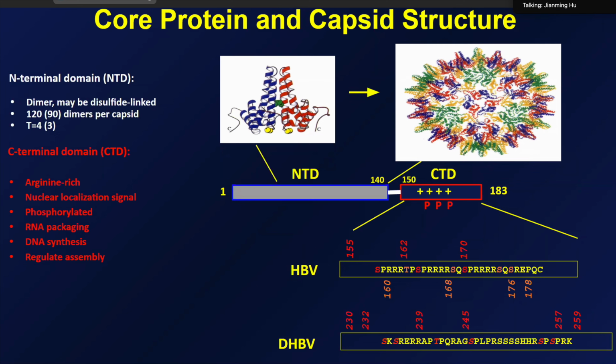The CDD is heavily and dynamically phosphorylated, meaning it's phosphorylated and also dephosphorylated. It's involved in many functions of the capsid protein, for example, RNA packaging, DNA synthesis, nuclear organization, and it's probably also involved in regulating assembly, although it's not absolutely required. Okay. Next, please.